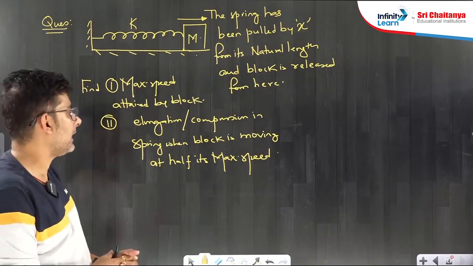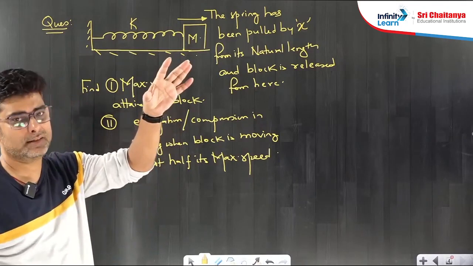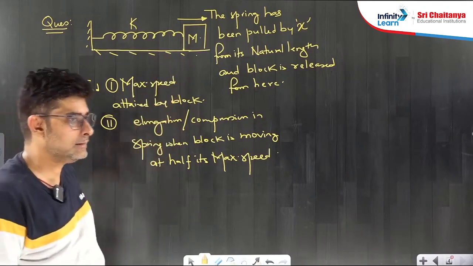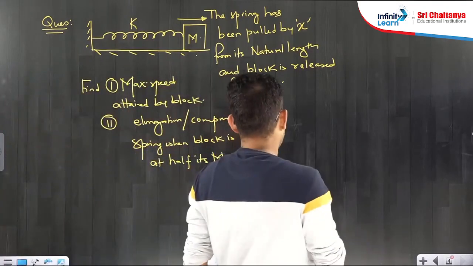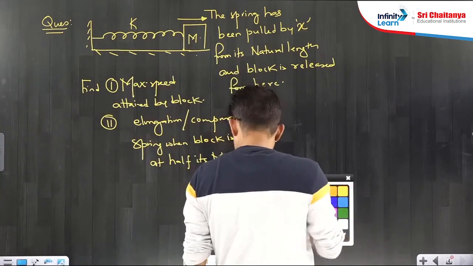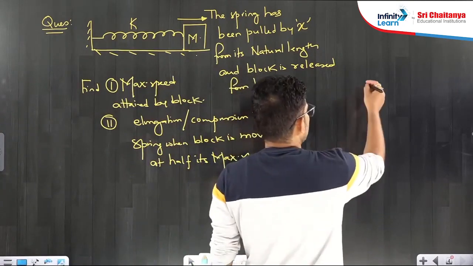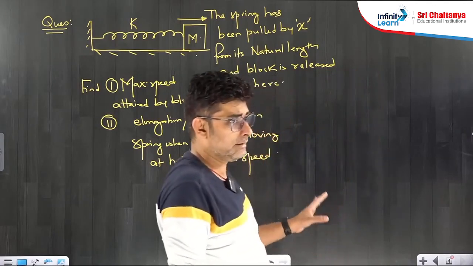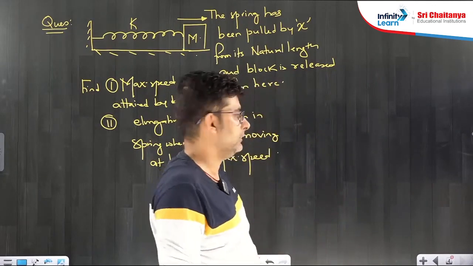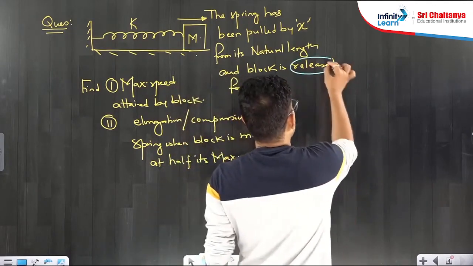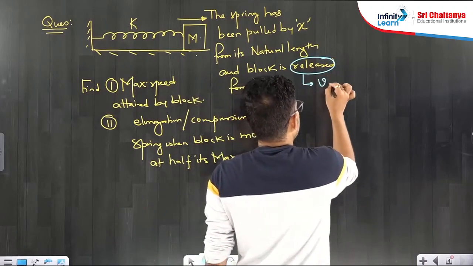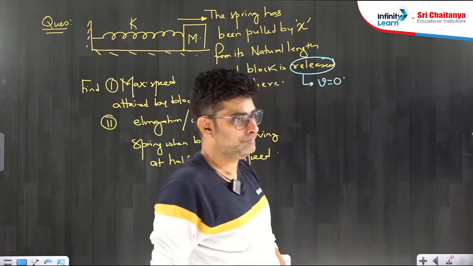It is at rest. When we use the word release, means your speed at that instant is 0. Okay. So here when they use the word release, that means it is at rest. So this release word means speed is 0.